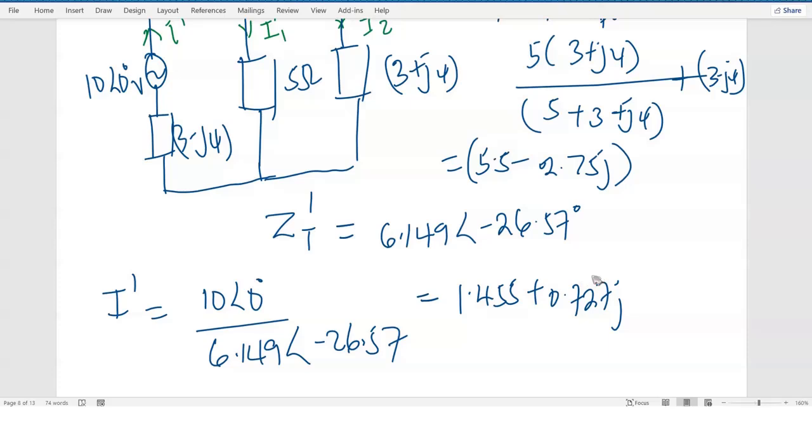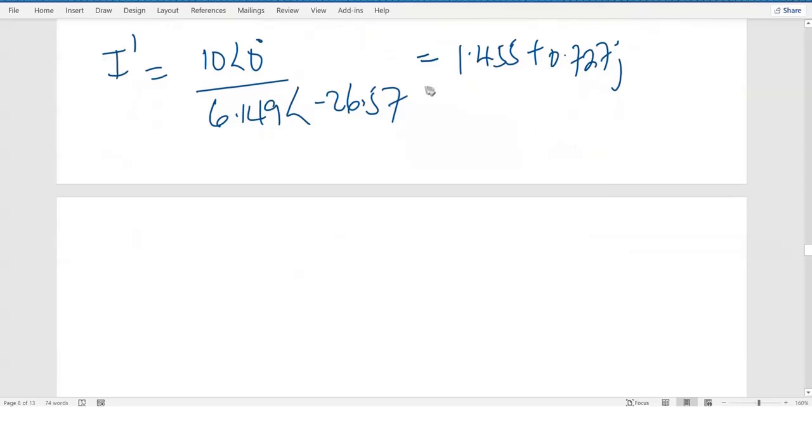If we wanted it in polar form, this is 1.627 at an angle of 26.55 degrees.